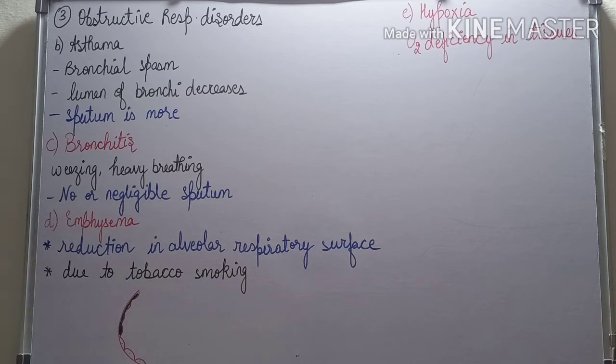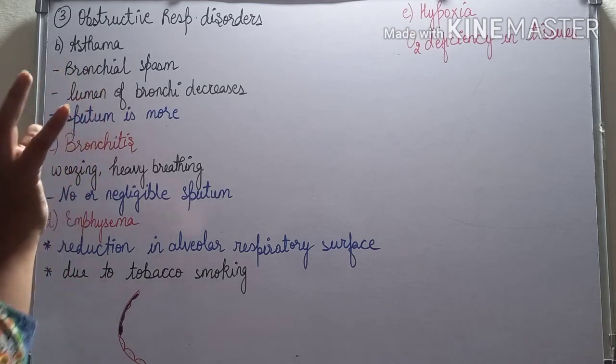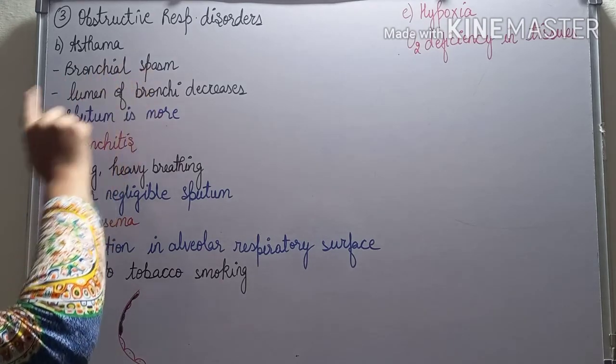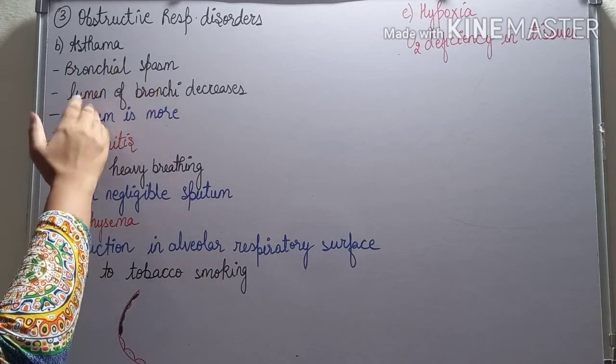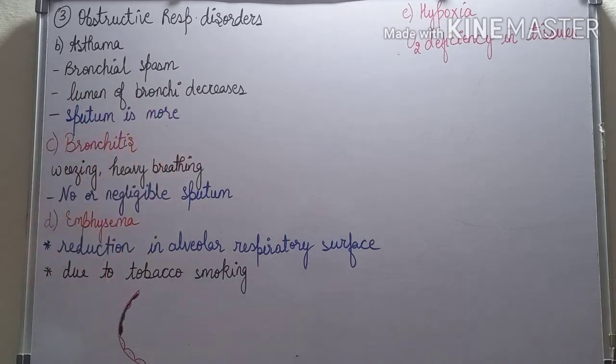Basically, the bronchiole shrink, and that shrinking of bronchiole is known as bronchial spasm. And what happens? That is actually the lumen of bronchi decreases. The lumen means inner space of bronchi. That inner space of bronchi decreases, and the sputum is more.